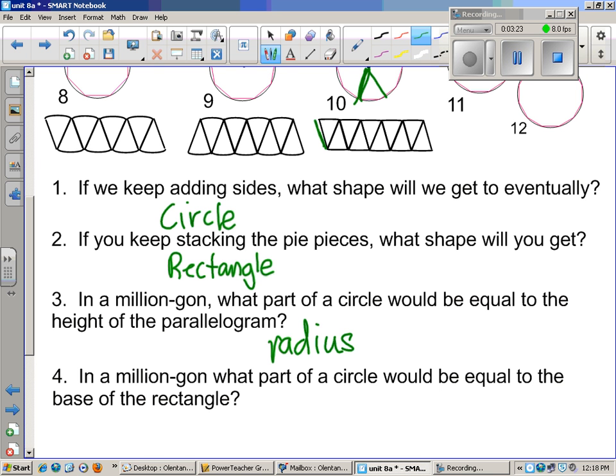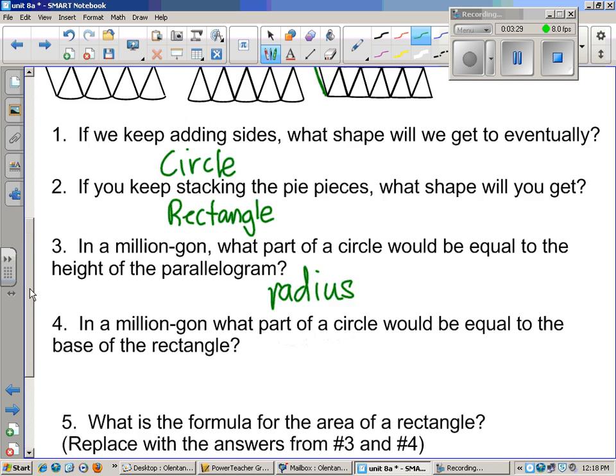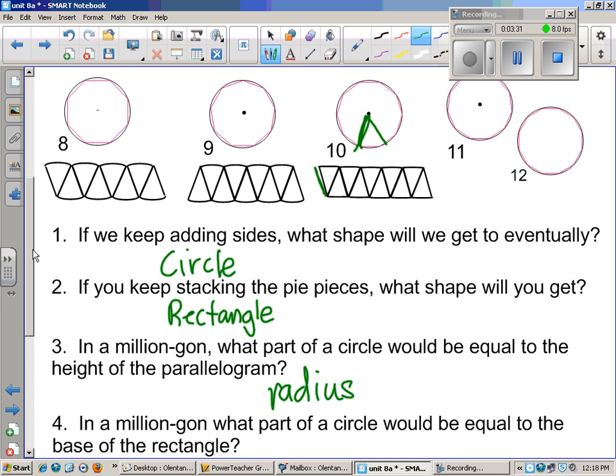Okay? And in a million-gon, what part of the circle would be equal to the base of the rectangle? So the base here would equal what part of the circle? This one's a little trickier. Close. No, not the diameter. Think about, we took half the pie pieces and put them face down, right?